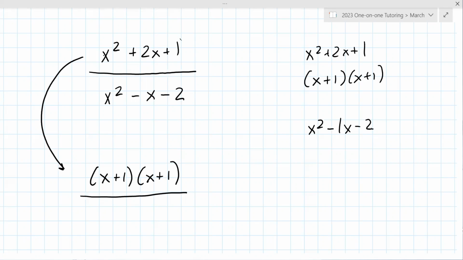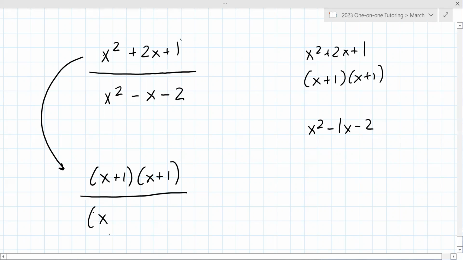Would that be 1 and -2? Yes. You said 1 and -2? I think so, yeah.